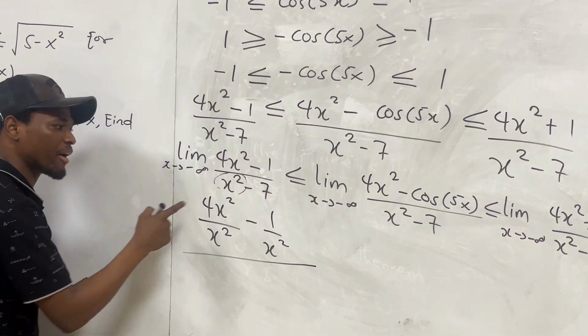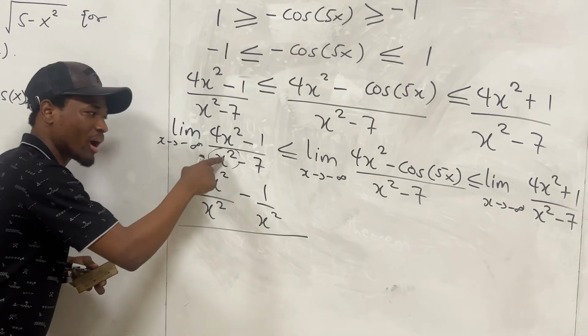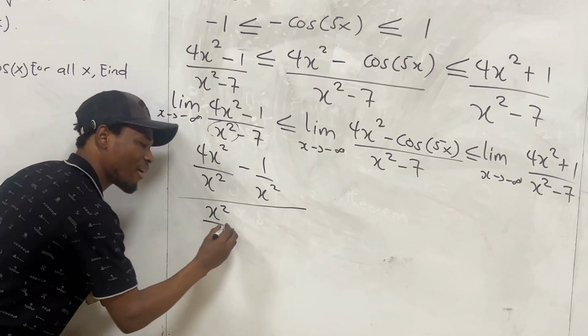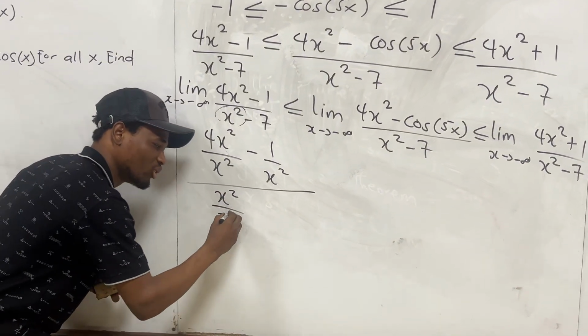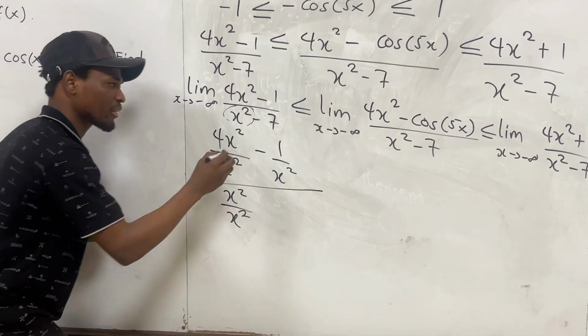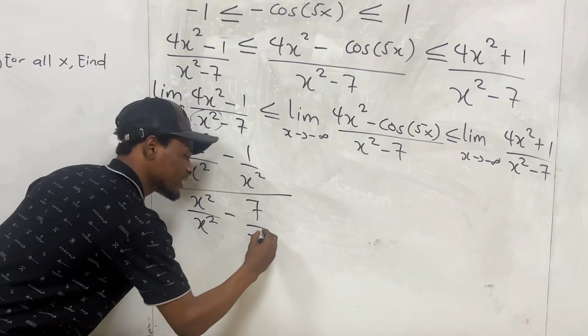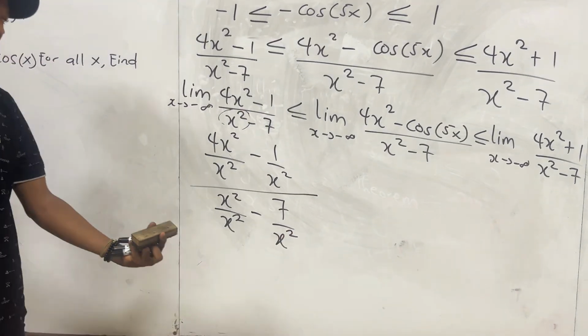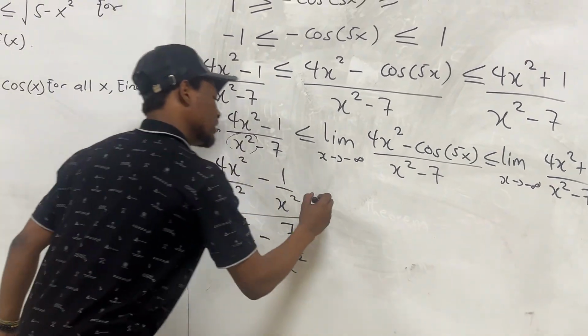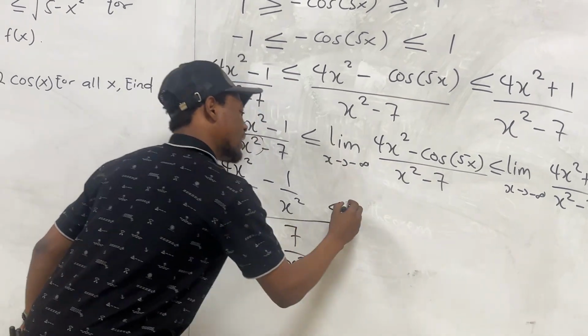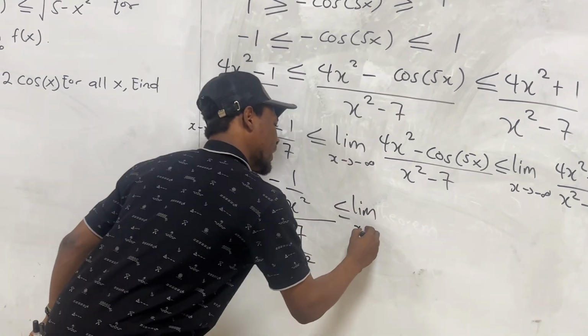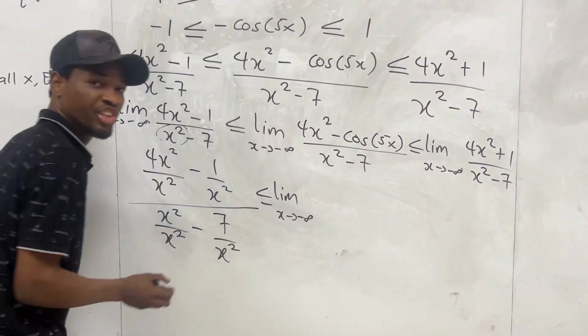Then all over the denominator itself: x squared over x squared, then minus 7 over x squared. As simple as that. So I have less than or equal to the limit as x approaches negative infinity.